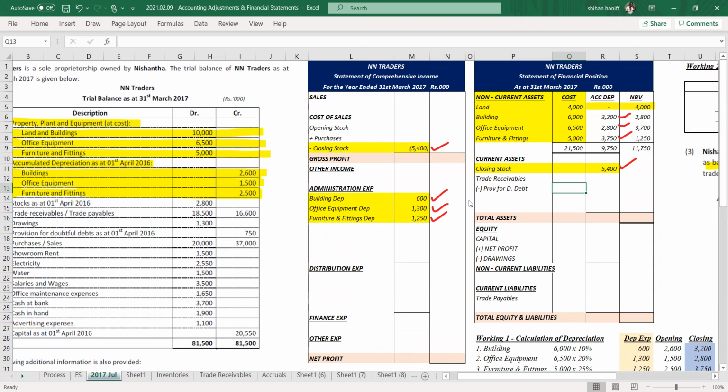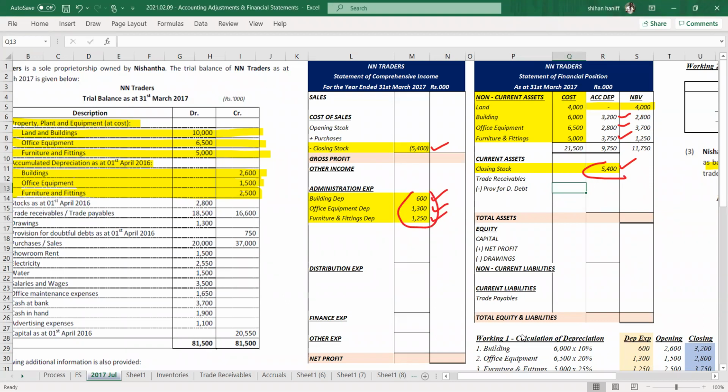Calculations, no need. It's not a must. The marks will be given only for these values, the final values in the financial statements. So you don't need to show the double entries or anything. It's not a must. Showing the calculation is not a must. If you have the final answer here, it is fine.